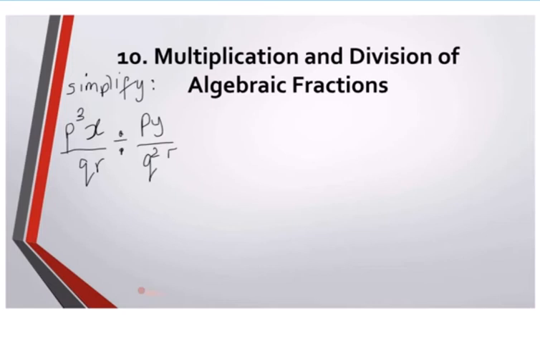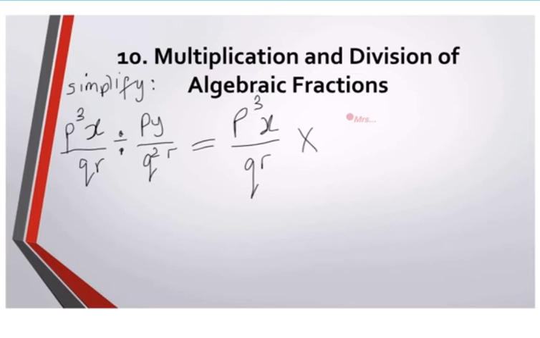Now, usually when we're doing fractions and we have a division sign, the first thing we do is write over the first fraction, which is p to the power of 3x over qr. I'm going to change my division sign to a multiplication sign, and then I'm going to flip my next fraction, or find the reciprocal of the next fraction.